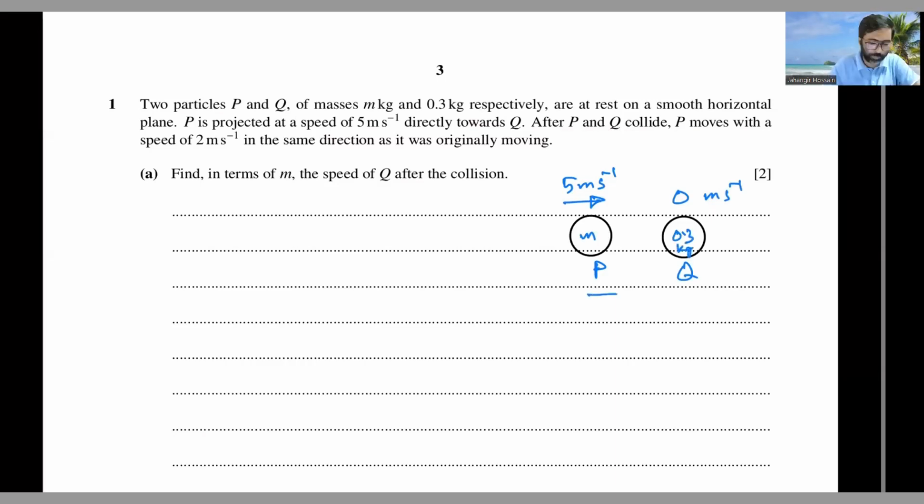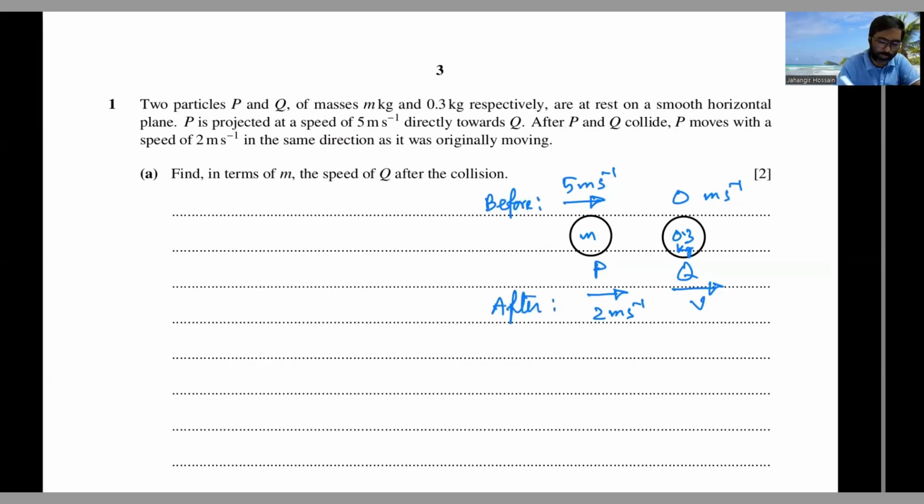After the collision, P continues to move in the same direction with a different speed, and obviously Q must be moving in the same direction with speed v meters per second. v is unknown, we'll find out v. So these are the speeds before the impact and after the impact.